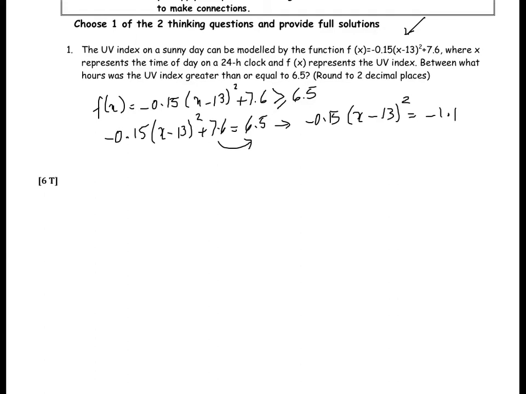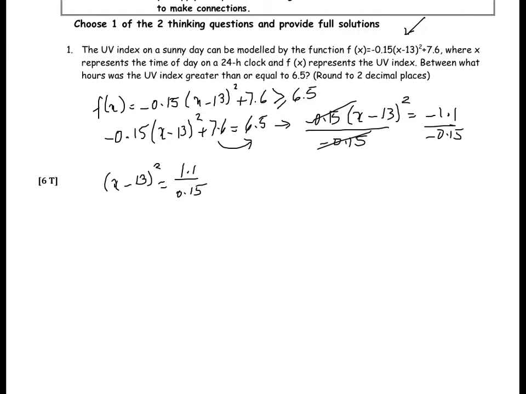Now I'm going to divide both sides by negative 0.15. The negatives cross out, and I get (x minus 13) squared is equal to negative 1.1 divided by negative 0.15, which gives us positive 1.1 over 0.15.